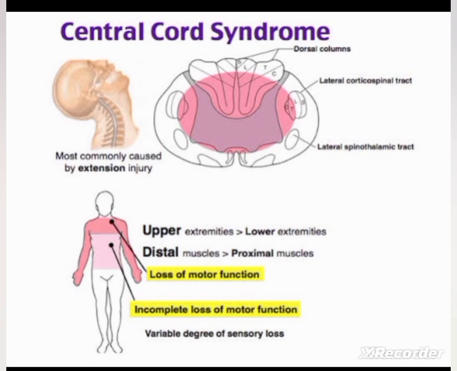Motor weakness and sensory loss are present in both upper and lower extremities, but the upper extremities are affected more than the lower extremities. So in this picture, you can see that the upper extremities are darker, that is, affected more than the lower extremities.